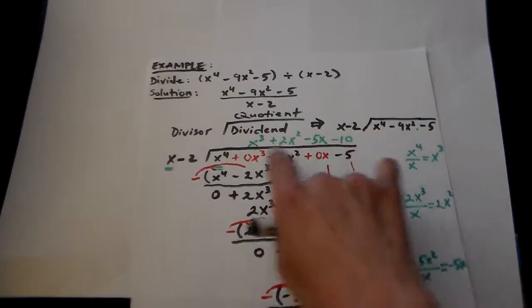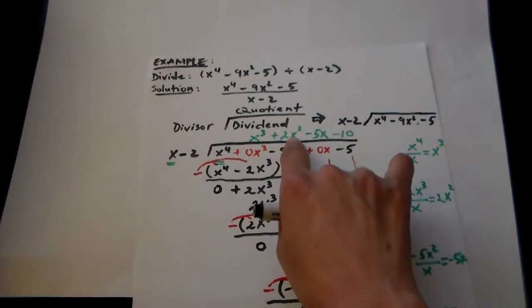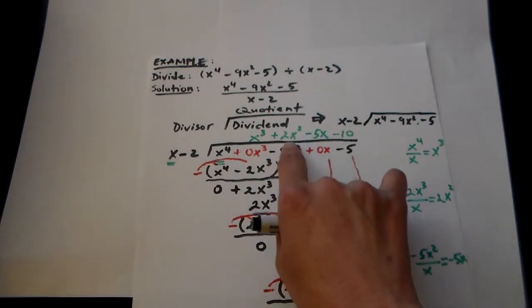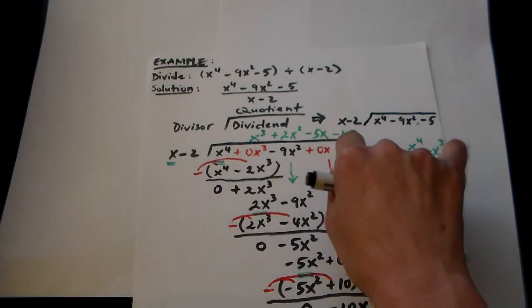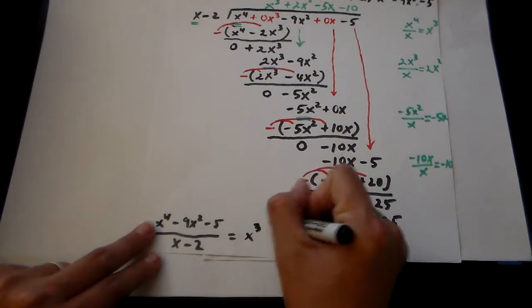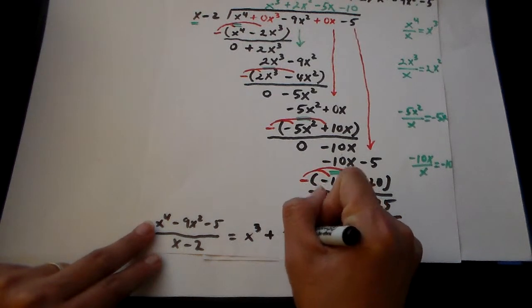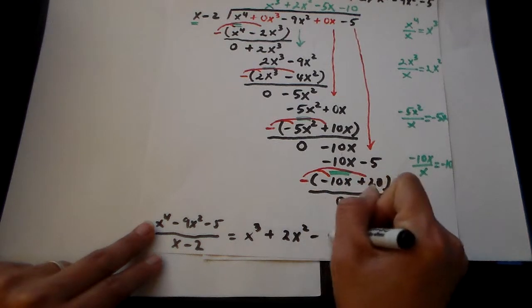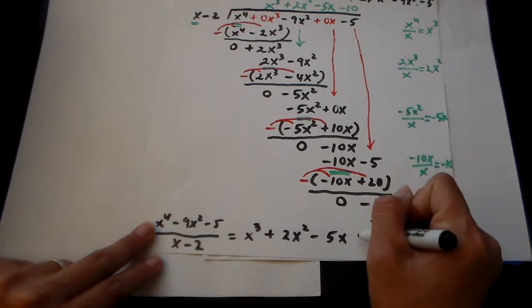This is the quotient right here, on top of the bracket, which is x to the third plus 2x squared minus 5x minus 10. So I'm going to copy this result here. So x to the third plus 2x squared minus 5x minus 10.